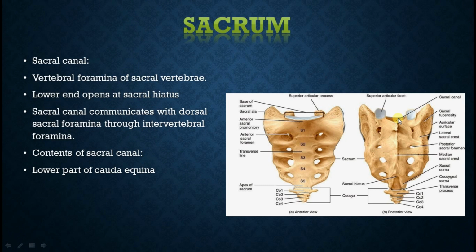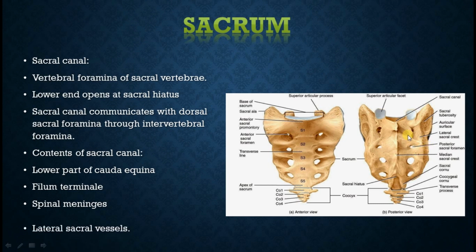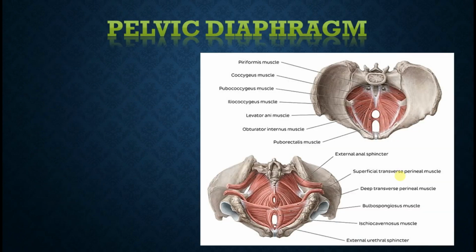Then spinal nerves, lower sacral nerves, and the cauda equina, which resemble a horse tail and travel vertically. This sacral canal communicates with the dorsal sacral foramina through the intervertebral foramen, and the lateral sacral vessels also emerge through the sacral canal.